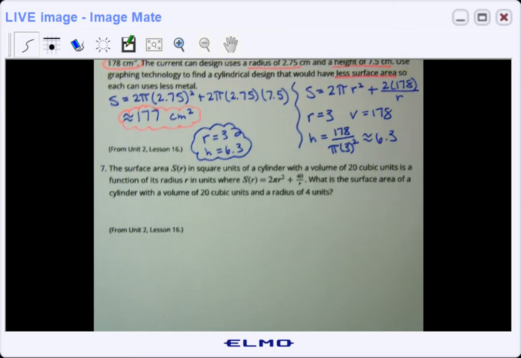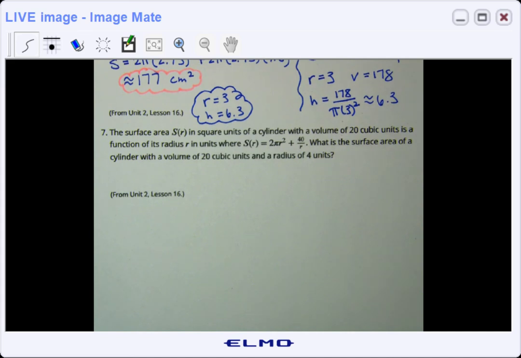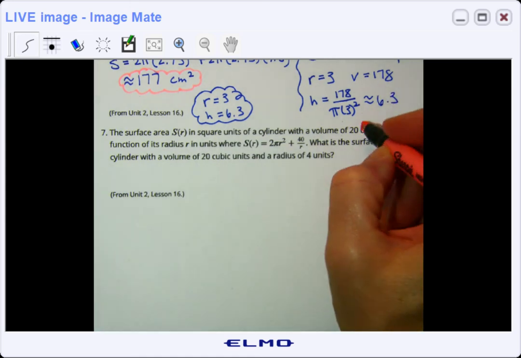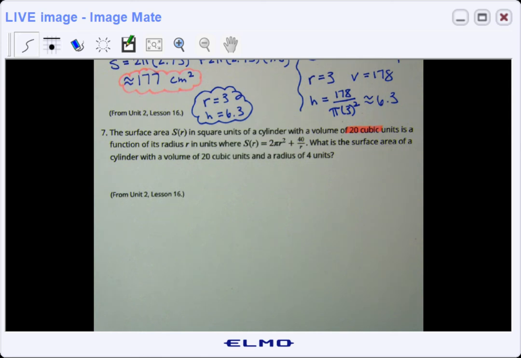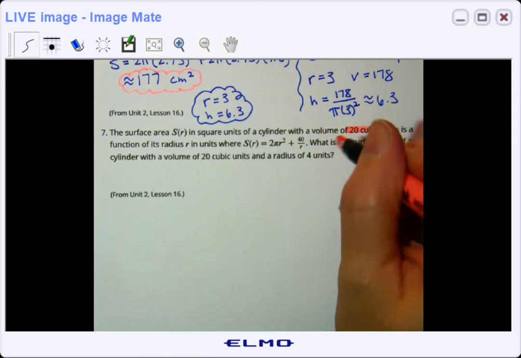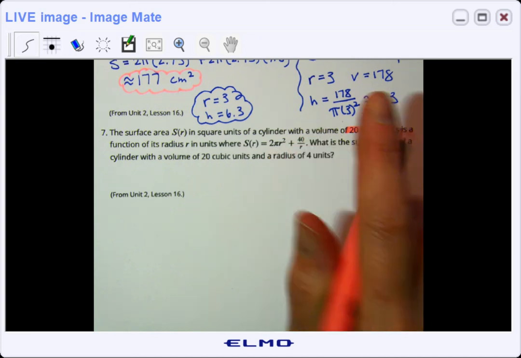Okay, finally, number 7. The surface area S of r in square inches of a cylinder with a volume of 20 cubic units is a function of its radius r in units, where S of r equals 2 pi r squared plus 40 divided by r.